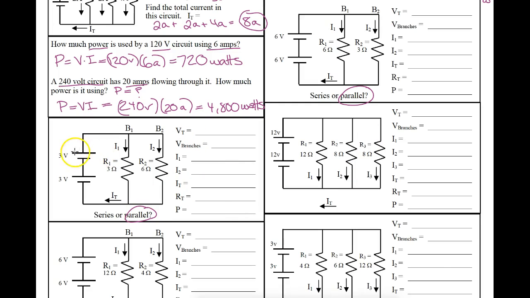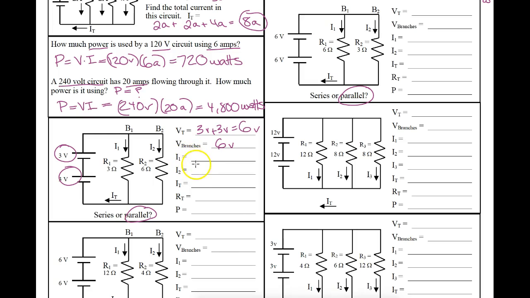So the volt total again is when you add up the batteries. So we have 3 volts plus 3 volts equals 6 volts. The branches, they're each going to get 6. So it's 6 volts across each.